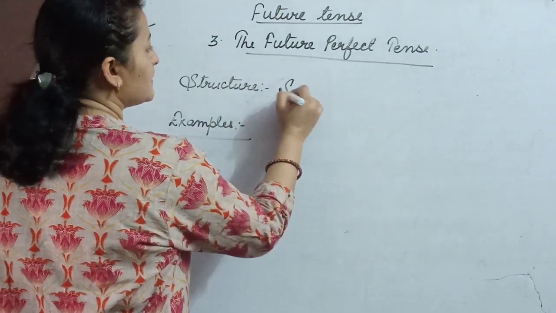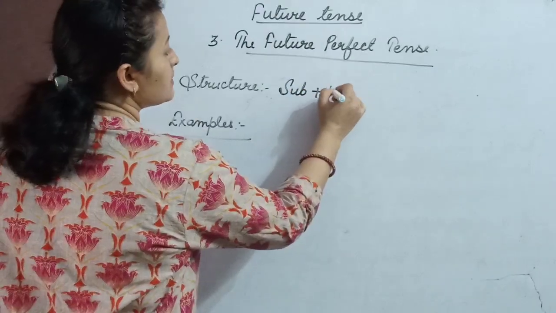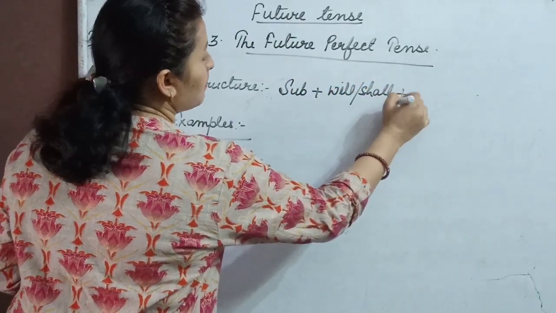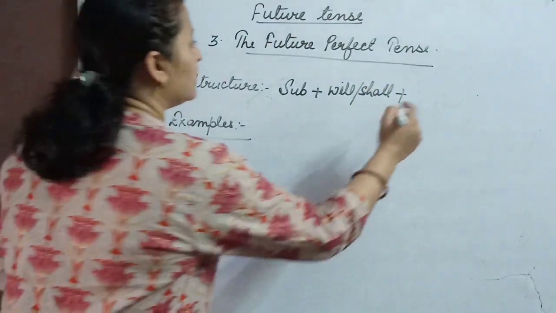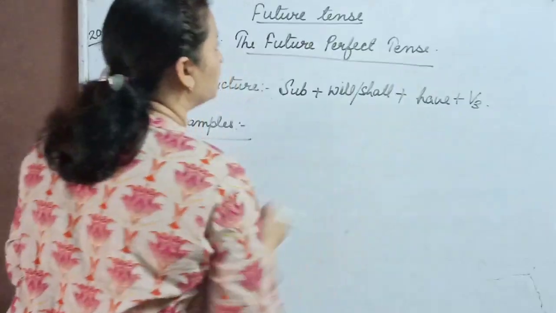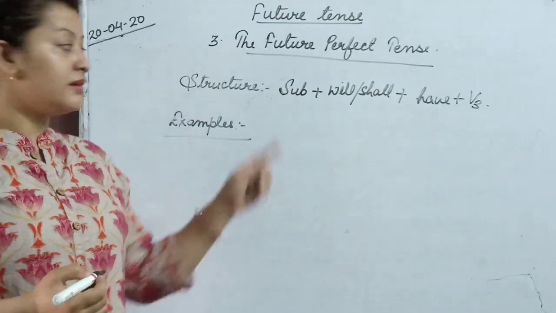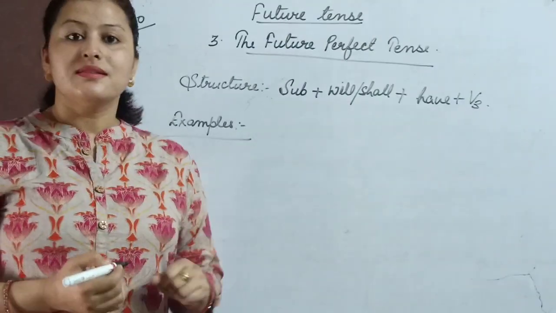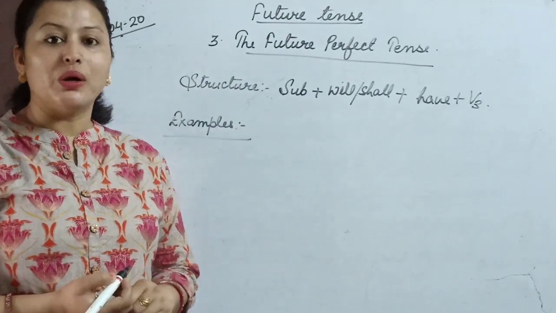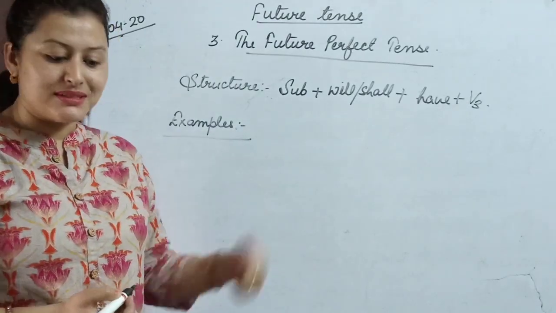The structure is subject plus will or shall plus have plus verb third form. This is our structure of the future perfect tense. Let us move and see some examples.